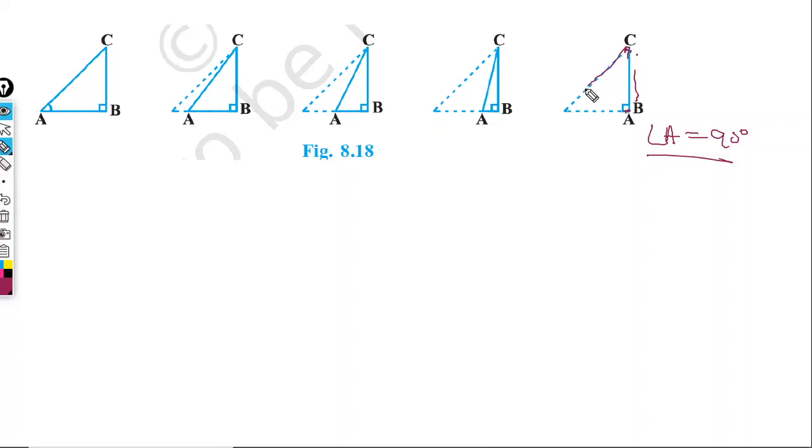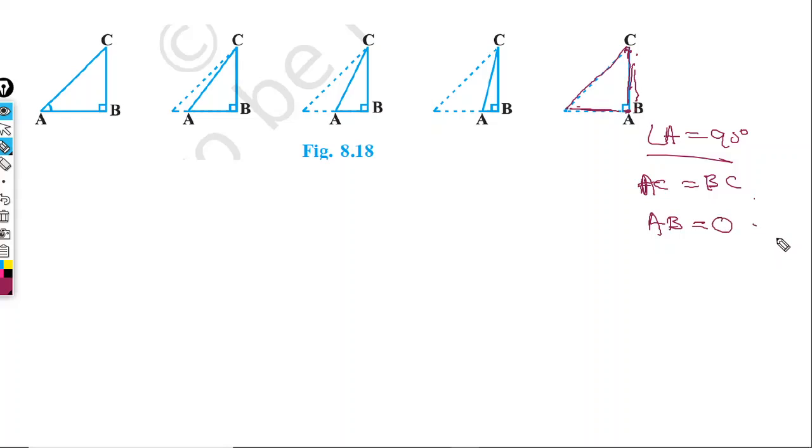You can see this has coincided here. So you can write AC equal to BC, and AB has no length because A and B are coinciding, so AB will be equal to 0.